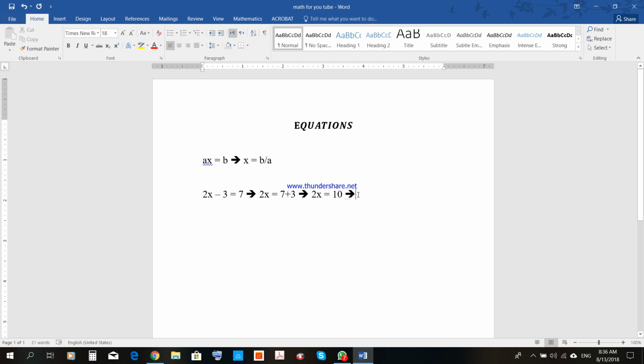It becomes x equal 10 over 2. It becomes x equal 5.